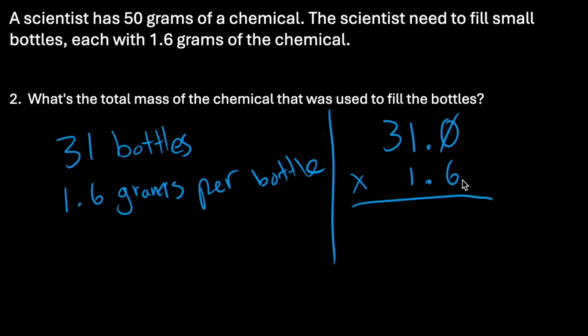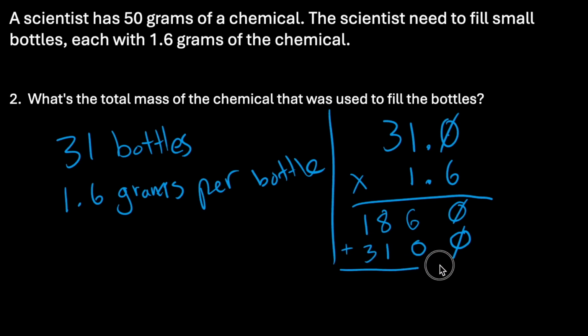So 0 times 6 is 0. 6 times 1 is 6. 6 times 3 is 18. And then we write a 0 down here, and then we start with this side. 1 times 0 is 0. 1 times 1 is 1. 1 times 3 is 3.